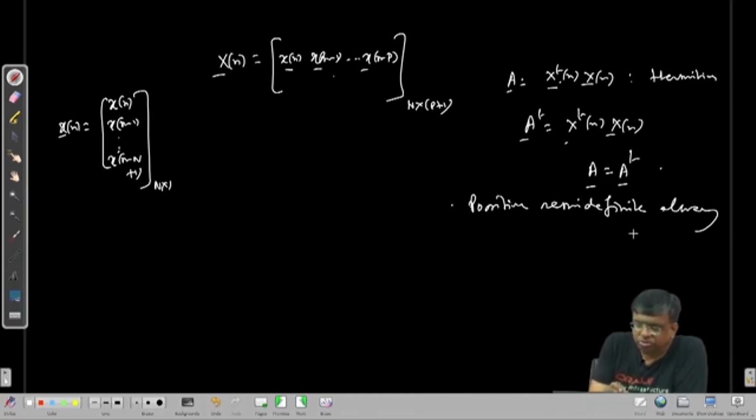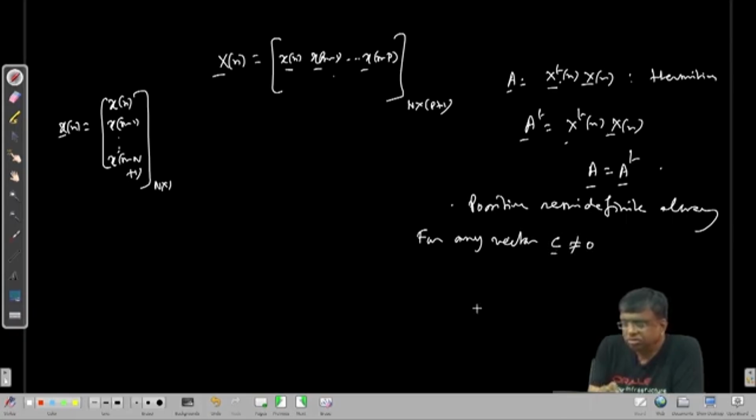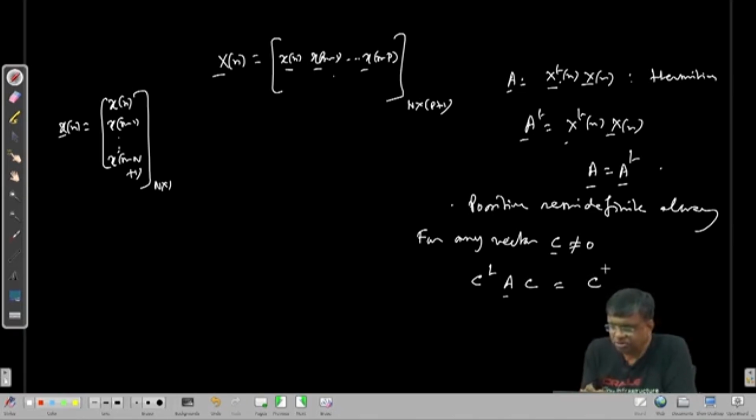Why? Because if you take any non-zero vector C, C transpose A C, we can see that it will be non-negative. Why? Because you replace A by x transpose n x n.